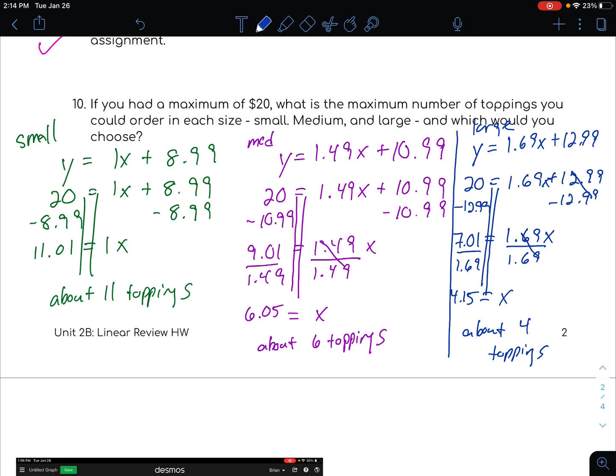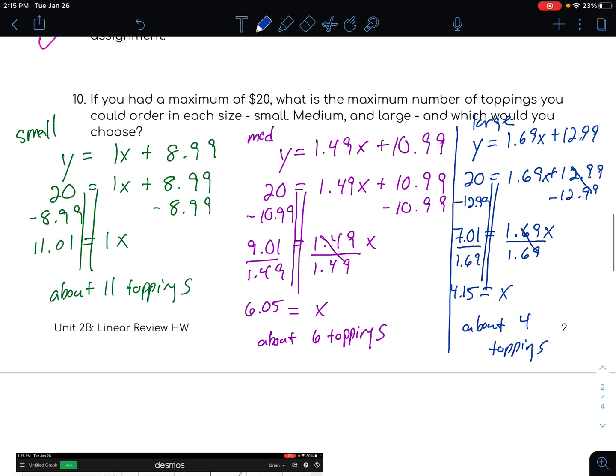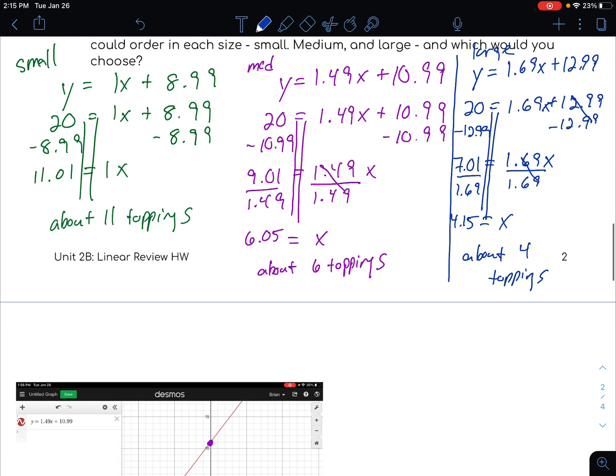All right, so which one would I choose? Well, personally, I like a lot of toppings on my pizza. And if it was just me, maybe I would choose the small. But if you choose the large, then you have leftovers. And honestly, I'd be happy with 4 toppings, and I could have some leftovers there and feel like I really used my money well.